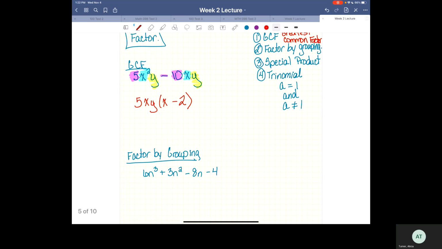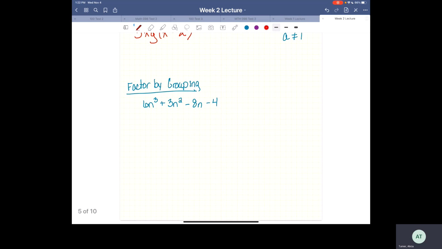Okay. The next part that we're going to use is factor by grouping.